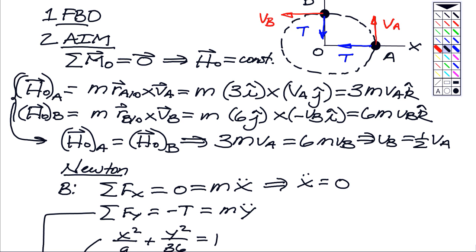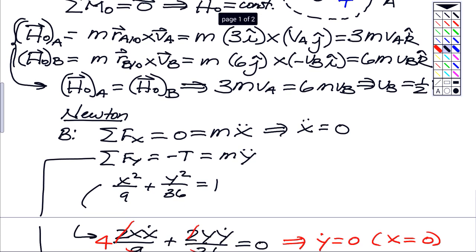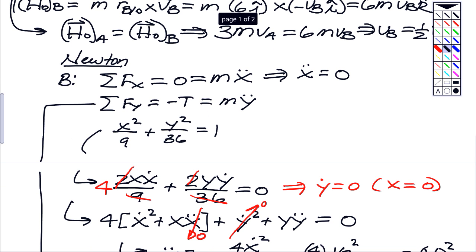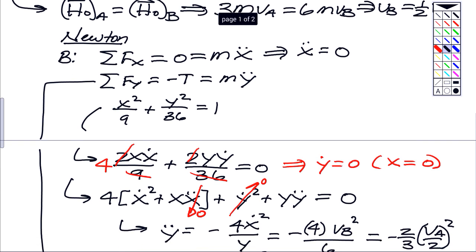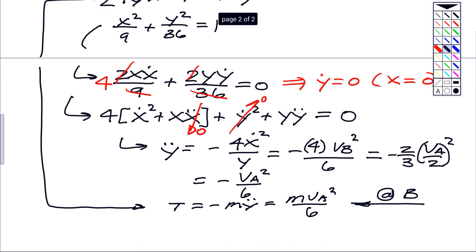That's where we found out that VB was half of VA. Then we used Newton's second law to get the force-acceleration equation required to find T. We used implicit differentiation twice to solve for y double dot, and from the y component equation that gave us T.